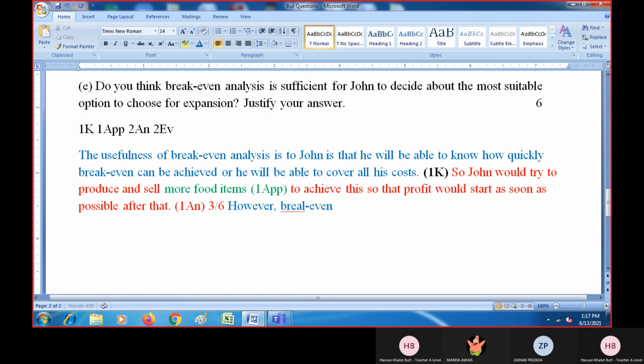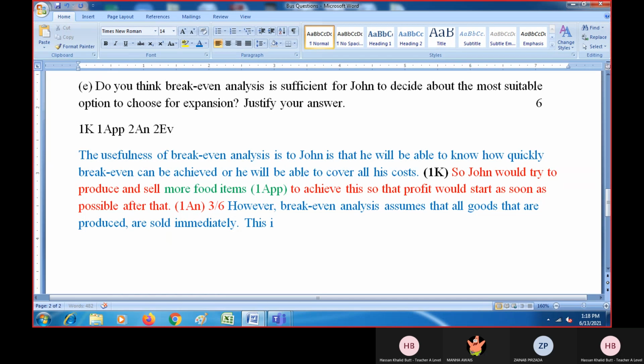break-even analysis, let's say, assumes that all goods that are produced are sold immediately. Right?